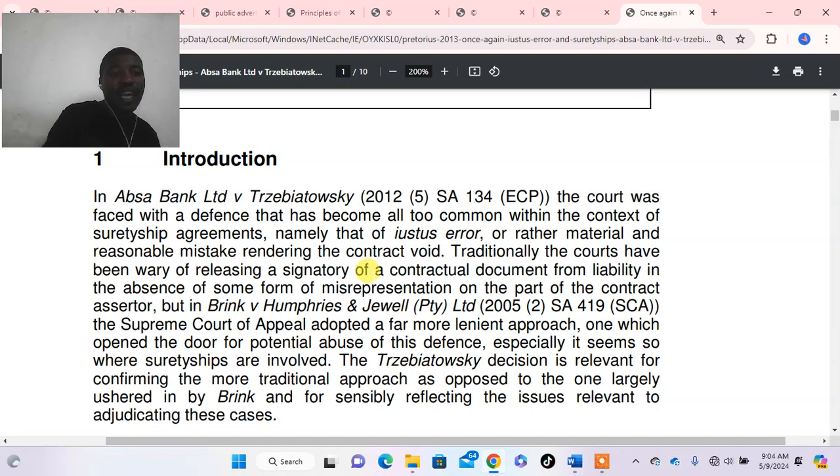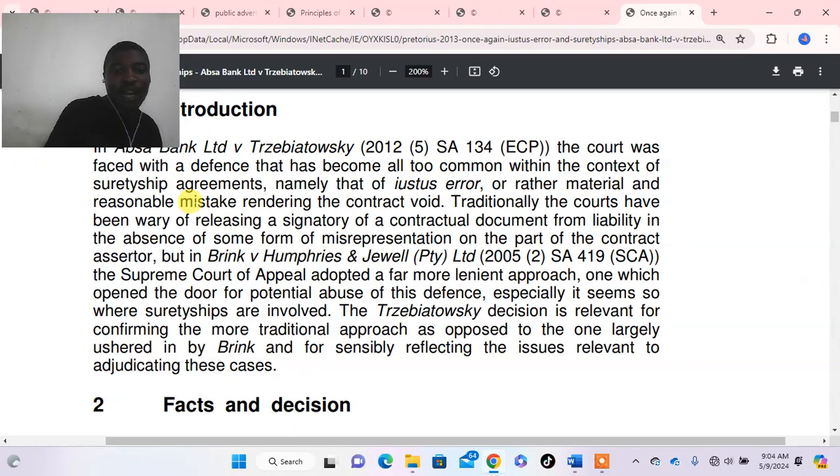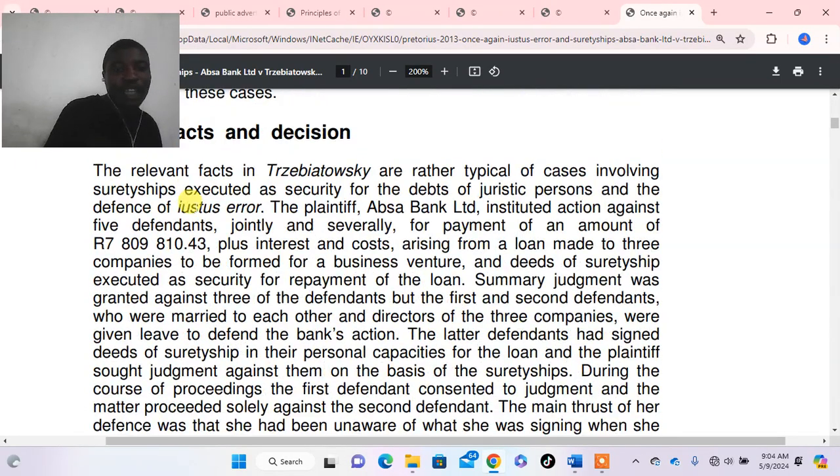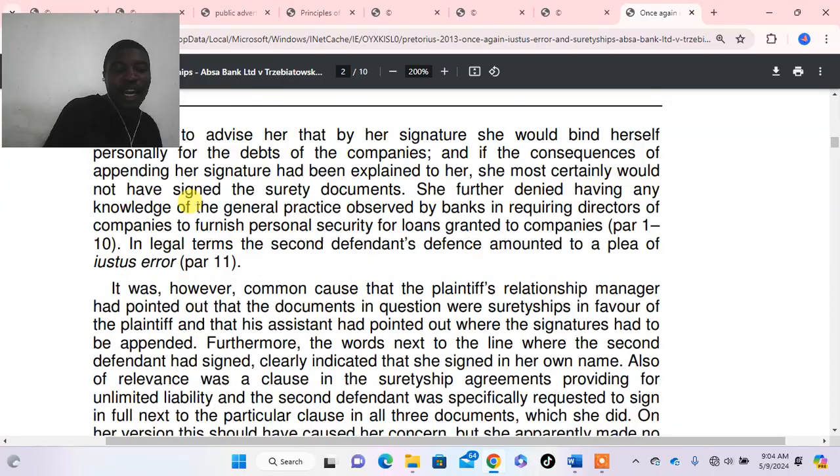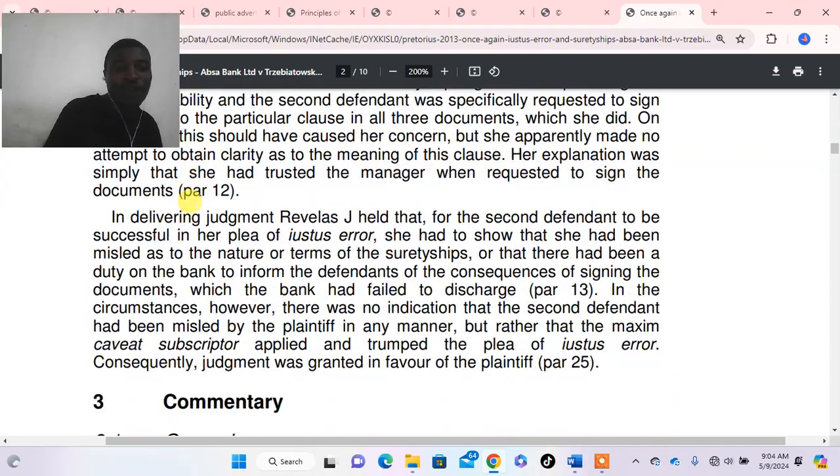To understand more, you must go and read the case of Absa Bank Ltd versus Sebastian Kowski. Even the name, you can hear that you can get tired. I don't know whether it's an Afrikaans name or what. Then you must go and read the facts of this decision. I won't read it for you.